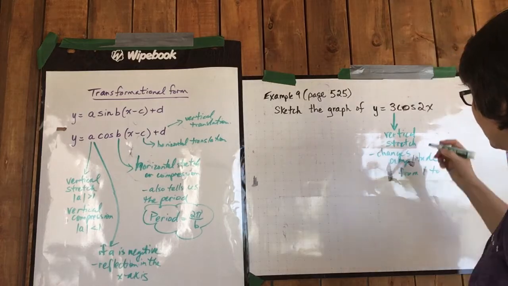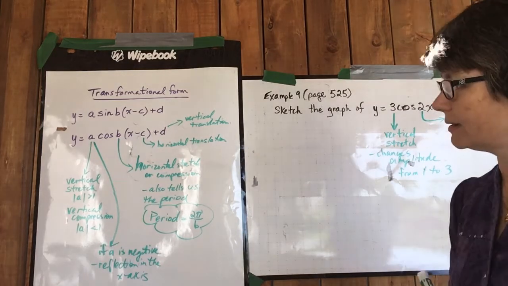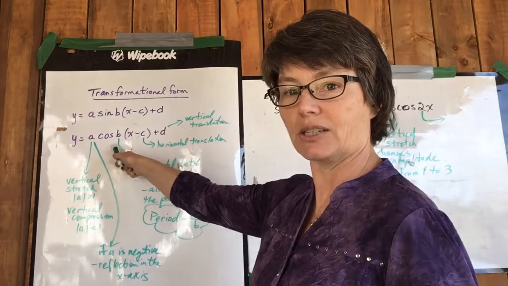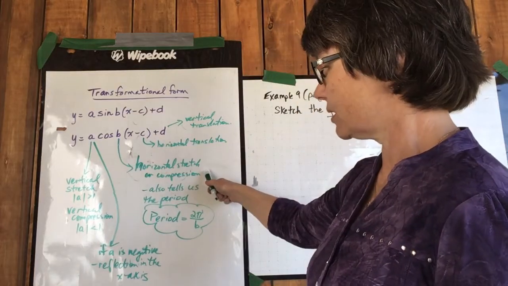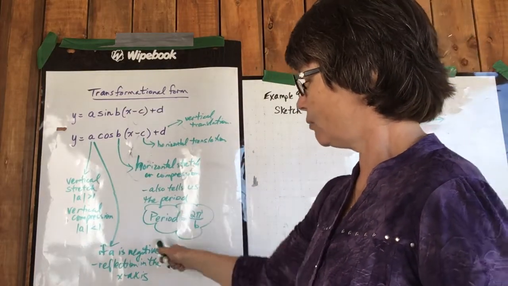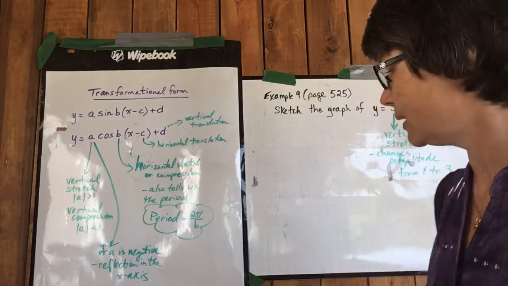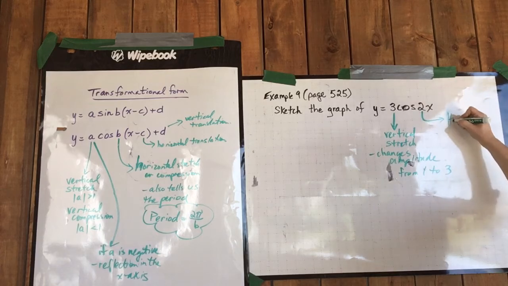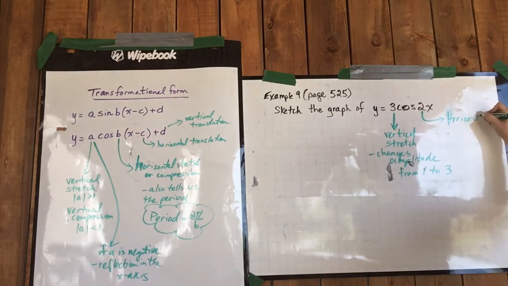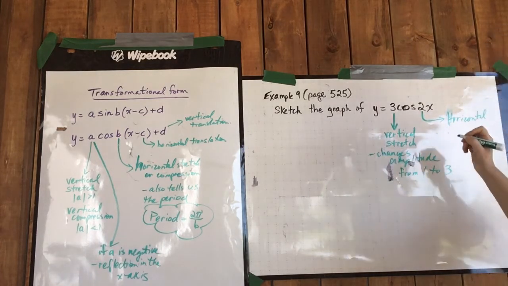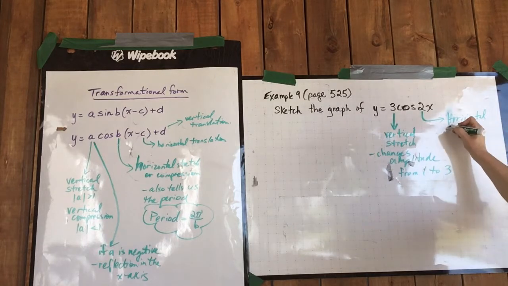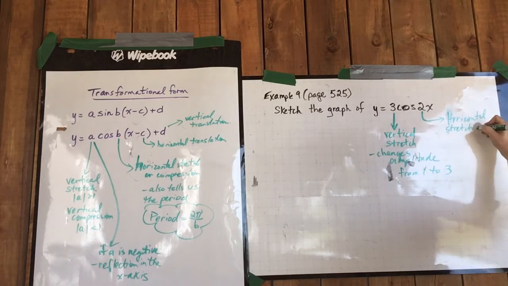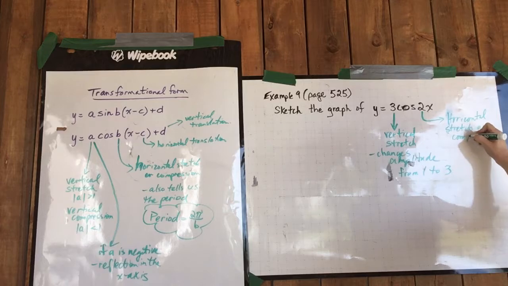All right, second part, this number right here is in the B position, so it's going to be a horizontal stretch or compression, and we'll be able to tell the period based on this equation. Is it going to be a stretch or compression? We'll figure out which, because I didn't talk about that in detail in the last video.